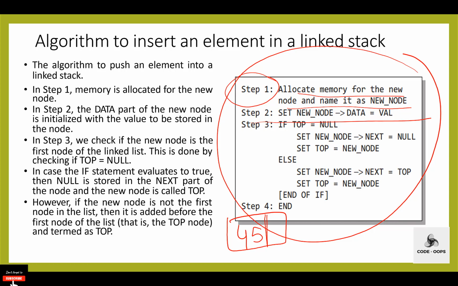In the third step, we check if the new node is the first node of the linked list. This is done by checking if top is equal to null. In case the if statement evaluates to true, then null is stored in the next part of the node and the new node is called top of the stack.